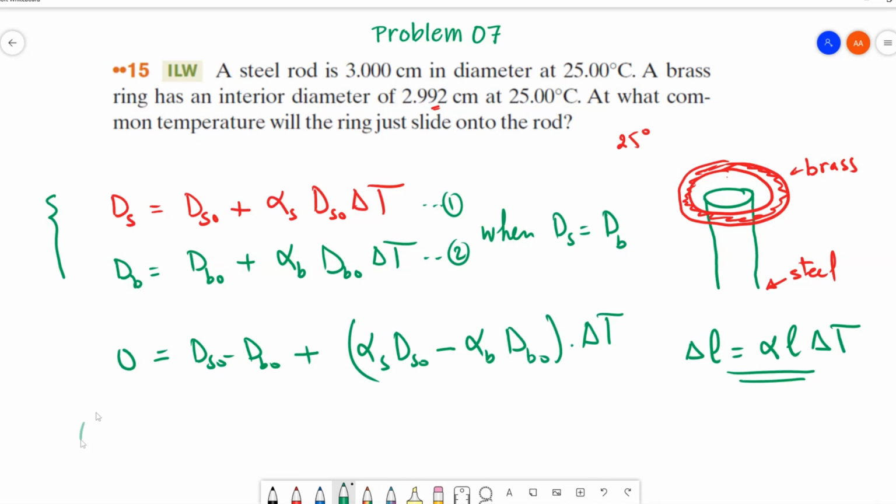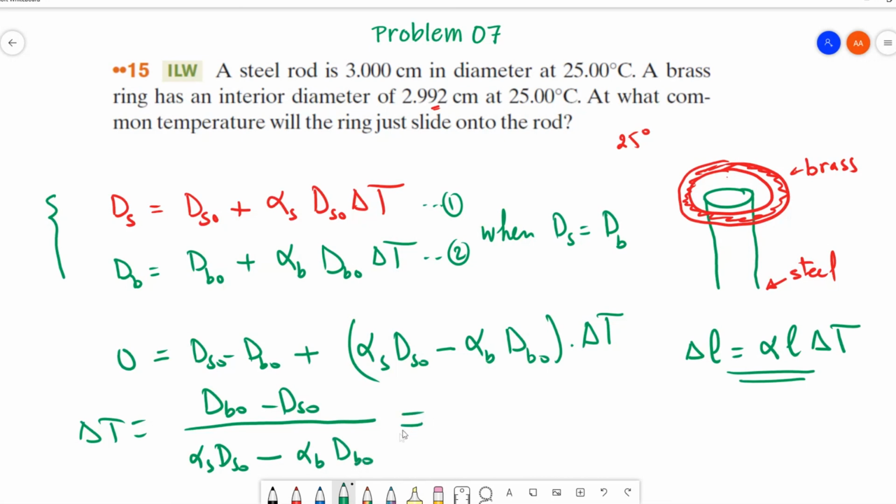So I find delta T. I put this one on the left and divide over this one. It's dB0 minus ds0 over alpha s ds0 minus alpha b dB0.